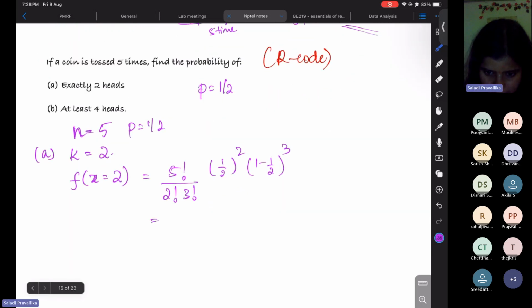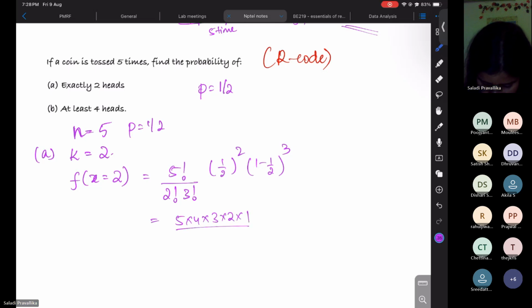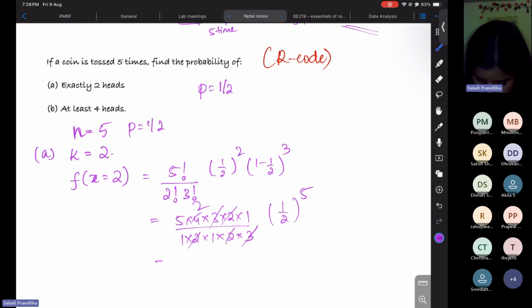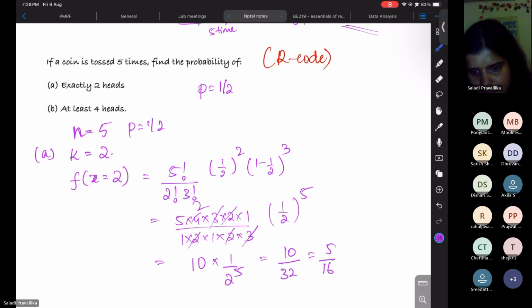Writing it out, 5, 4, 3, 2, 1 over 2, 1 and 3, 2, 1. This one is 1 by 2 power 5. Both are the same, right? So 10 into 1 by 2 power 5. What is 2 power 5? 32. 10 by 32, that is 5 by 16. Yeah, 5 by 16 is absolutely right.